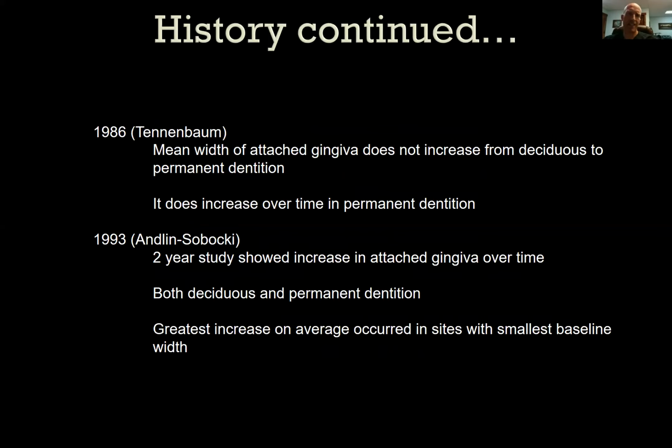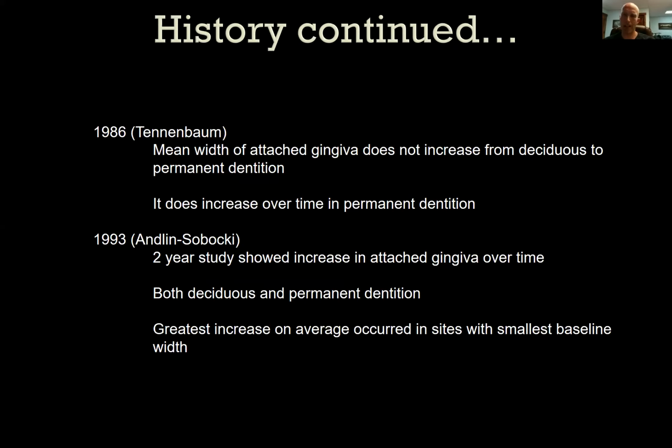In 1986, Tenenbaum did a study and found that the width of attached gingiva did not increase from deciduous to permanent dentition. This went a little against the grain, but he did find that it increased over time in permanent dentition. And in 1993, Andelin and Sobacki did a study that showed that it did increase in both deciduous and permanent dentitions.